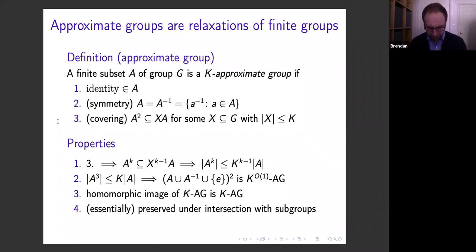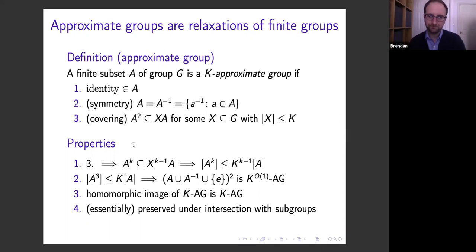I'm just going to list a few properties of approximate groups. The main idea is that they behave like finite subgroups, but there's this parameter k, and as you do various operations, k gets a bit worse, but in a reasonable way. So first, this covering property implies that if you take iterated products of your set A, then the size of that set of iterated products doesn't grow too quickly.